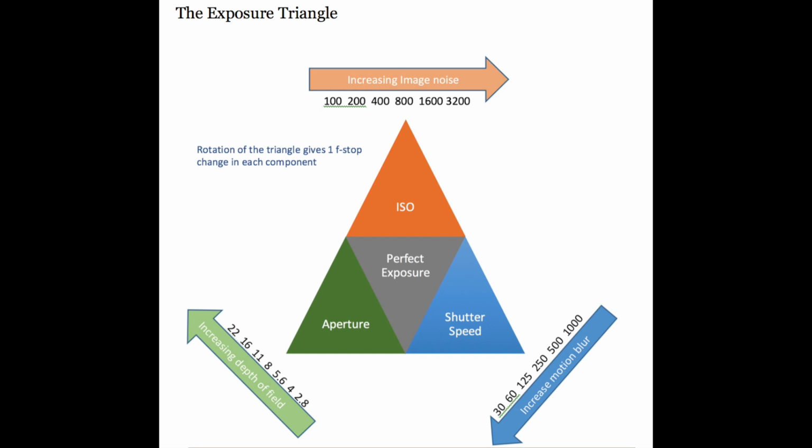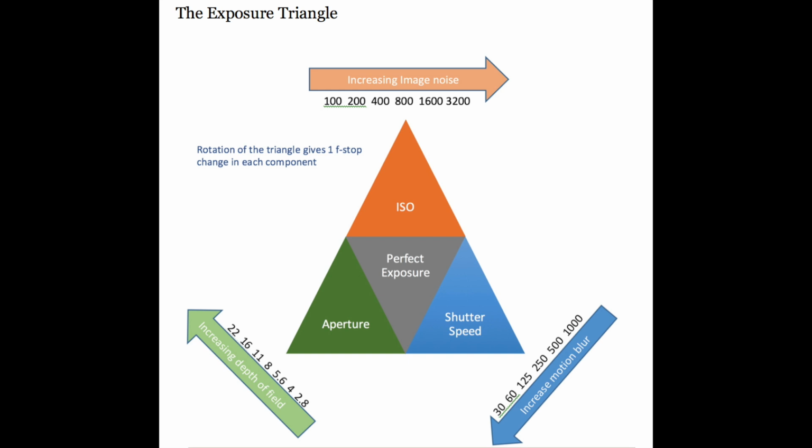The more sensitive it is, the higher the number you will see on the screen. So this camera goes from, say, ISO 100 to ISO 3200. The higher the number, the higher the sensitivity, but the downside of that is you will get grain or noise on the image. The lower you can keep that ISO number, the better the imaging result will be.